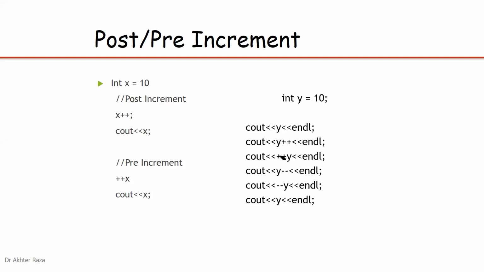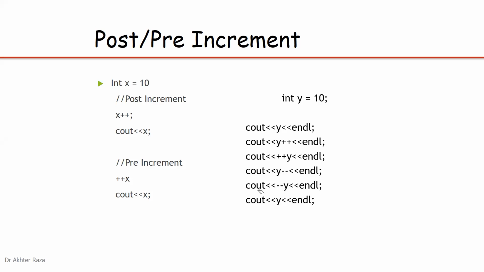If the current value of y is 12, then we have y minus minus cout, but it is post. Post means one value will be decreased after printing. So printing will be done first and then decreased by 1. So 12 is printed on the screen, and then one value will be reduced.